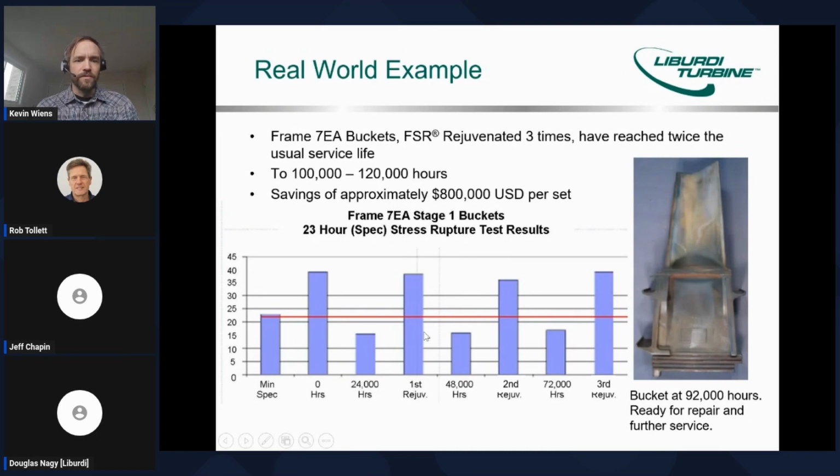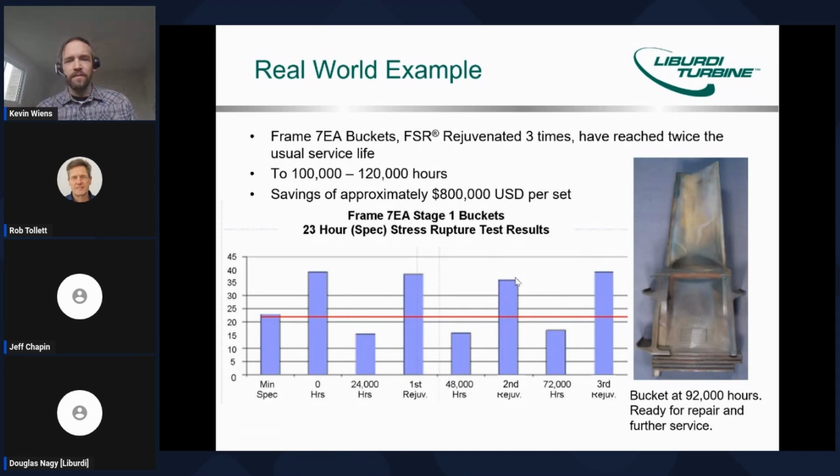So here we see the first rejuvenation and the properties that came out of that, going back into service with a drop in strength, and then it's fairly repeatable in terms of the strength drop that we see, and then the restoration of that strength over time.